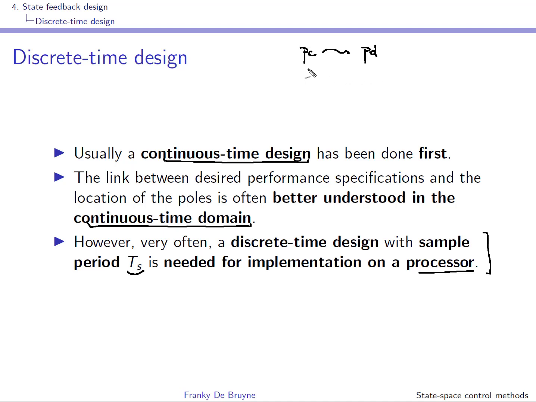And then we use a realization of the discretized system using the ZOH method, because we want to take into account the zero order hold in our design, and this will then produce a K that we can use on our processor.